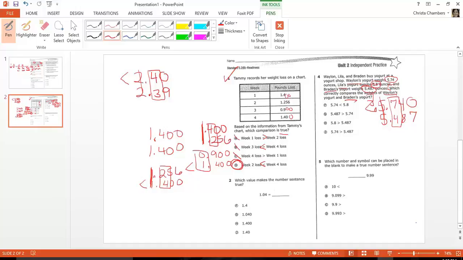So that would be which one? This one down here. 5 and 74 hundredths is greater than 5 and 487 thousandths. J was the correct answer. Okay, so just remember to line your decimals up, to compare each place. Take your time and think about these.